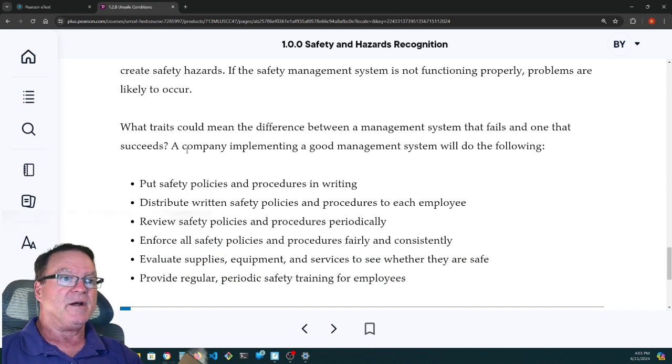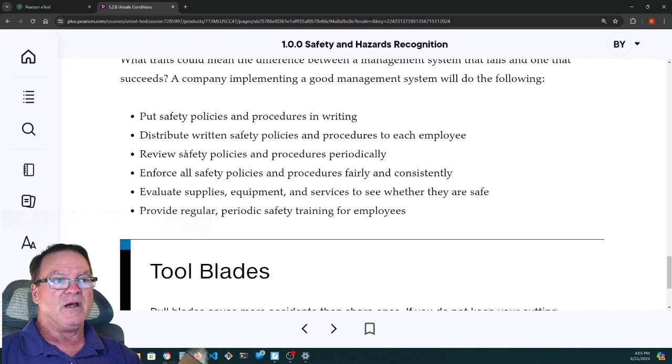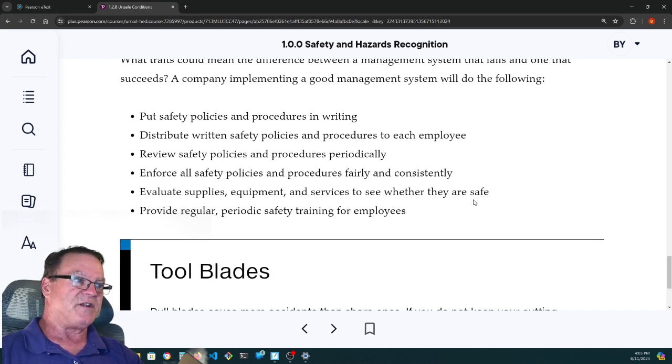It says a company implementing a good management system will do the following: put safety policies and procedures in writing, distribute written safety policies and procedures to each employee, review safety policies and procedures periodically, enforce all safety policies and procedures fairly and consistently, evaluate supplies, equipment, and services to see whether they are safe, and provide regular periodic safety training for employees.